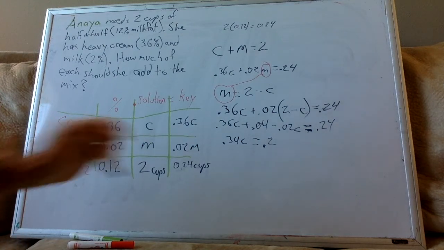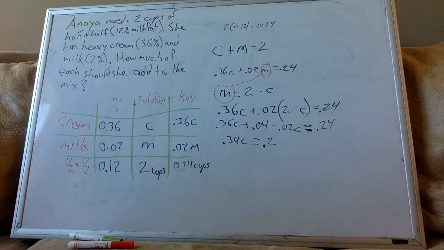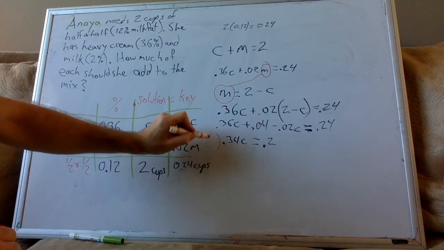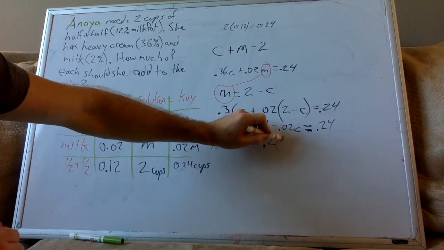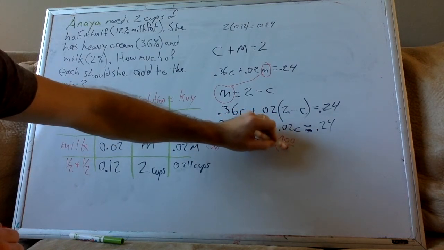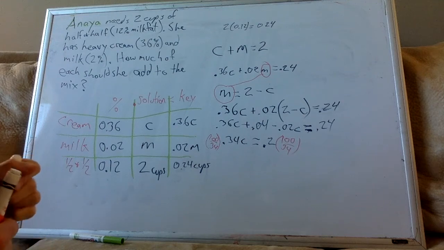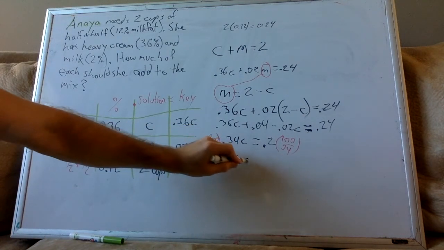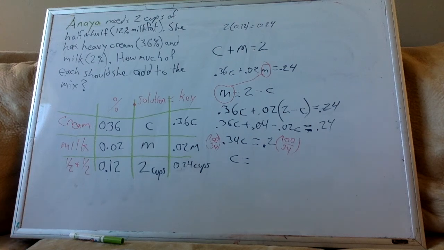So now I divide by 34 hundredths. Another way to think about this is, if I multiply by 100 over 34 on both sides, then these cancel and I get C, which is the amount of cream.